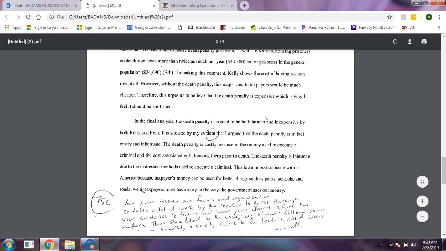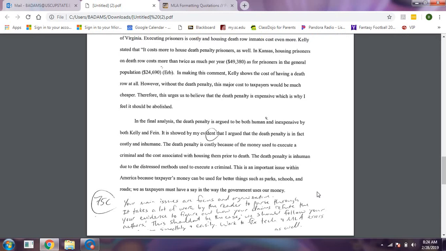This is an important issue within America because taxpayers' money can be used for better things such as parks, schools, and roads. We as taxpayers must have a say in the way the government uses our money. That last sentence is kind of off topic. We're not talking about better ways to use our money.